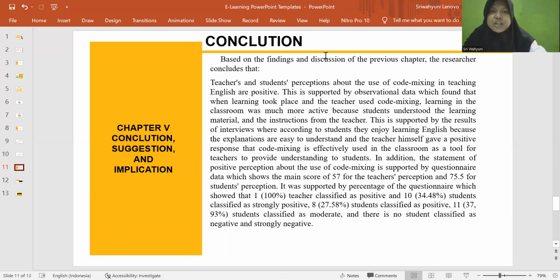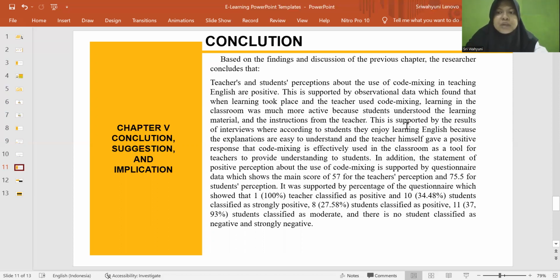Next one, conclusion. Based on the findings and discussion of the previous chapter, the researcher concludes that teachers and students' perception about the use of code mixing in teaching English are positive. This is supported by observational data which found that when learning took place and the teacher used code mixing, learning in the classroom was much more active because students understood the learning material and the instruction from the teacher.